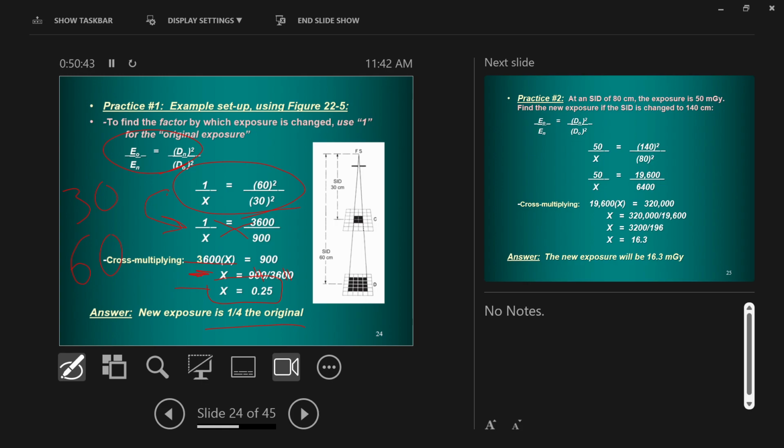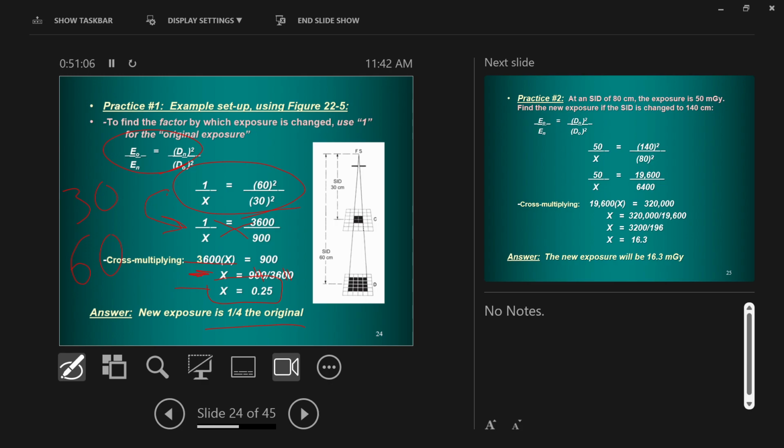You just take 140 multiplied by 140. That should be 6,400 for 80 squared. Maybe check myself.